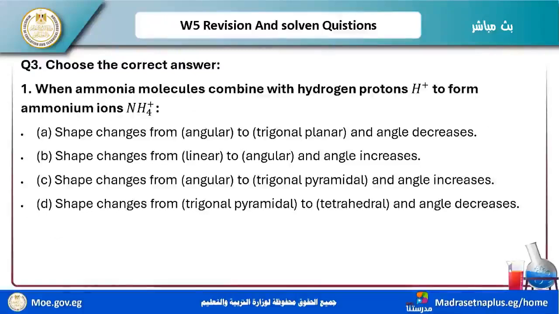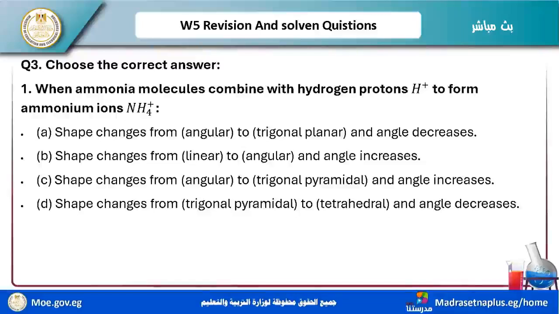Now I have a question. Choose the correct answer: when ammonia molecules combine with hydrogen protons H positive to form ammonium ions NH4 positive. A: shape changes from angular to trigonal planar and angle decreases.